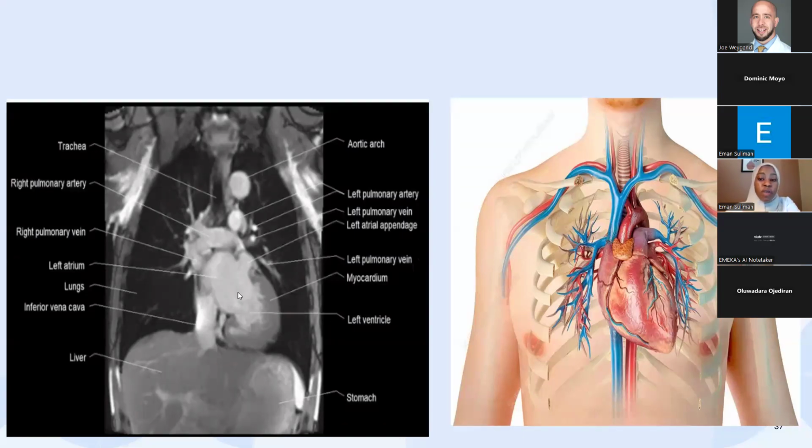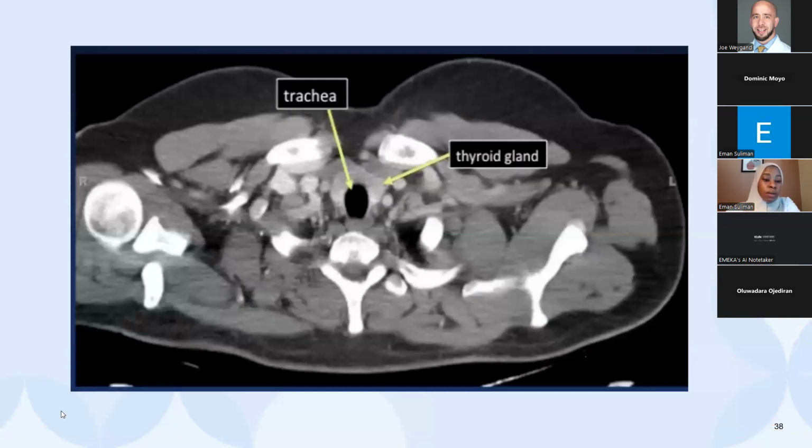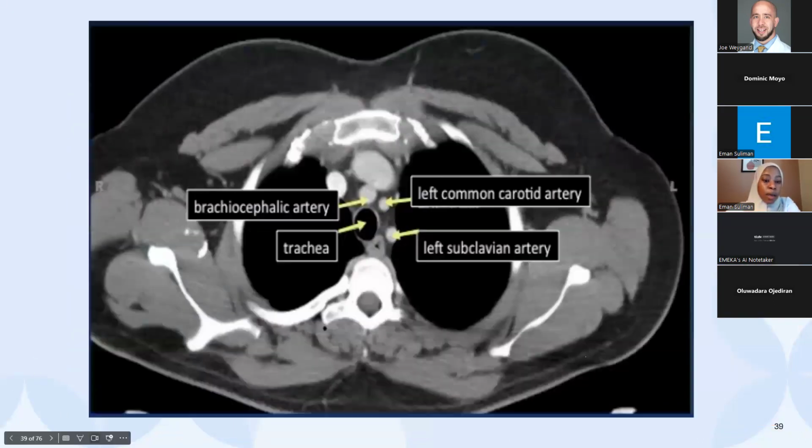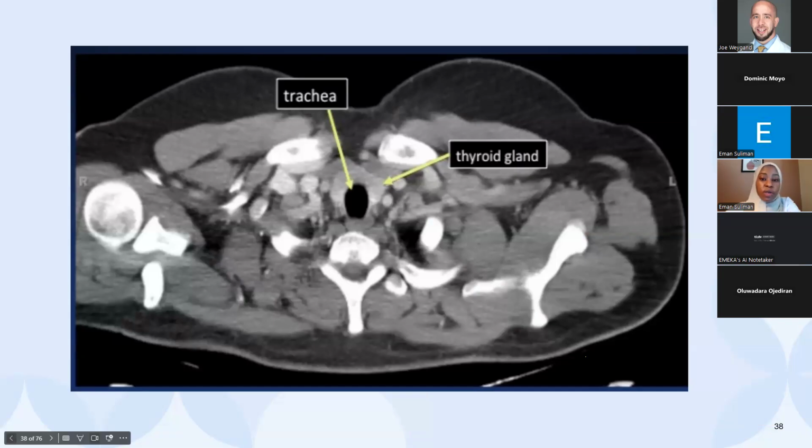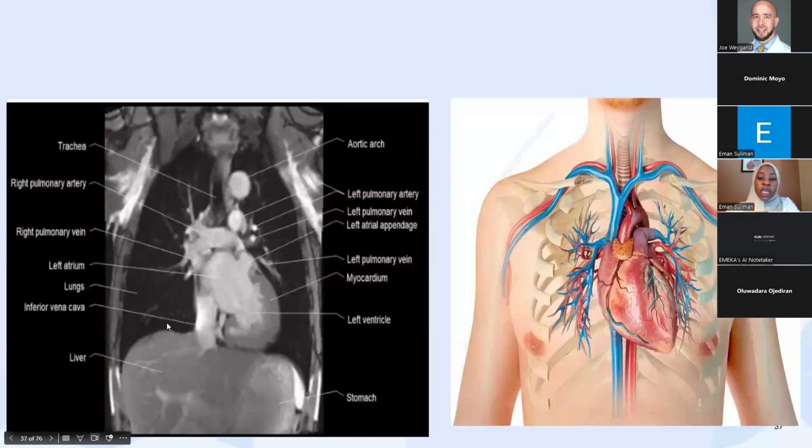It is formed of the right and left ventricles, and then we have the right and left atria and the aorta and the pulmonary trunk. This is the aorta, this is the pulmonary trunk, and here the superior and inferior vena cava, returning back to the right atrium.